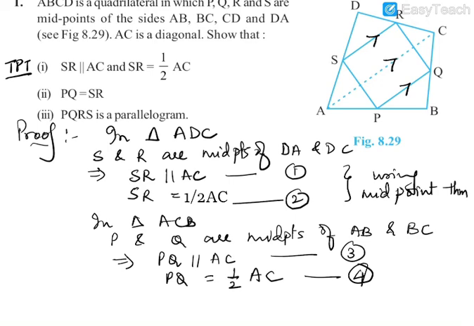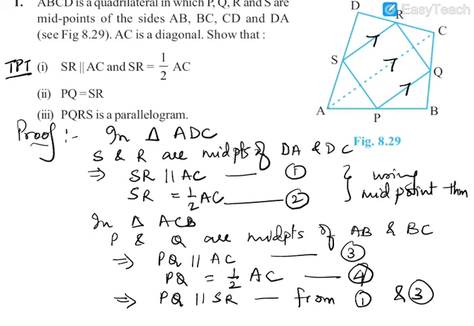That means SR and PQ are parallel to the same line. Therefore, they are parallel to each other. So this implies PQ is parallel to SR from 1 and 3. And from the second and fourth result, since the right hand sides are equal, we can equate their left hand sides. So this implies PQ is equal to SR, and that is what we have to show in the second part.